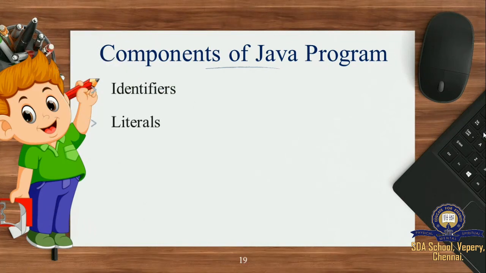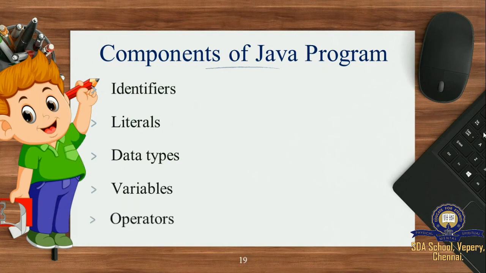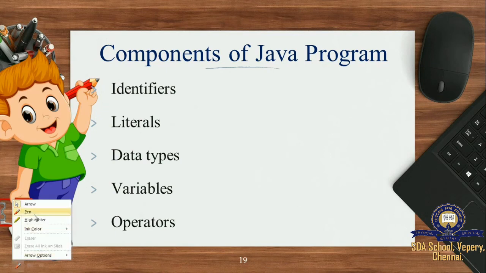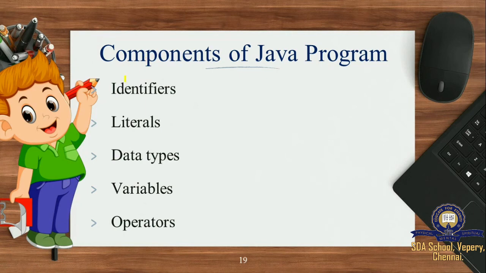First one is identifiers, second literals, third data types, fourth variables, and the last one is operators. In this session we are going to cover only identifiers and literals. Okay. So first we will discuss identifiers, then we will discuss literals.